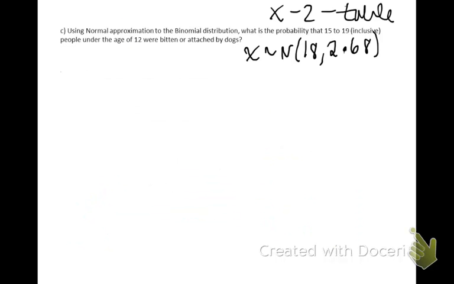Using normal approximation to the binomial distribution, what is the probability that 15 to 19, inclusive, people under the age of 12 were bitten or attacked by dogs? This is the probability of being between 15 and 19 on the x binomial distribution. We'll need to add in that continuity correction at this point.